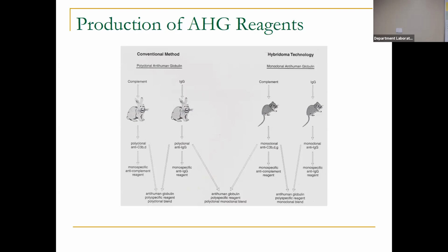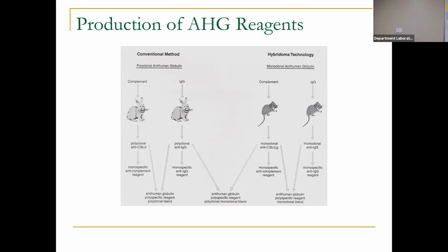Now there's even what we call a polyclonal monoclonal blend. So sometimes they'll take both methodologies and mix them together. I highly doubt you'll see anybody using this, again, because you could have some cross-reactivity, some non-specific reactions that interfere with your blood bank findings. Typically what most labs you're probably going to see now, everybody's using this monoclonal technology.